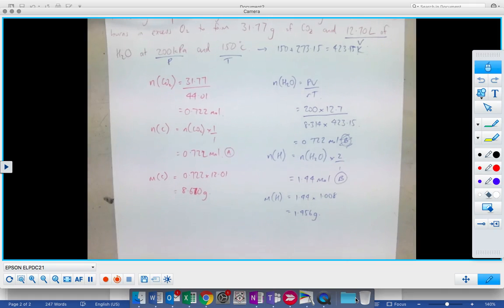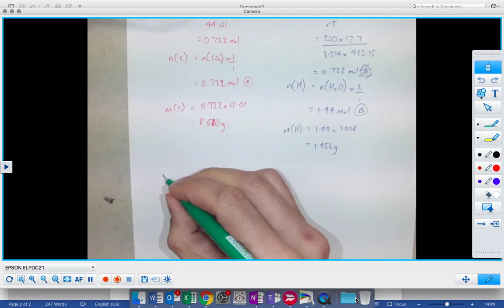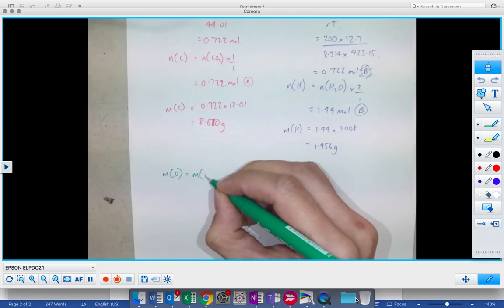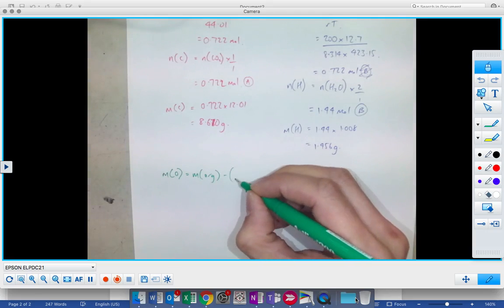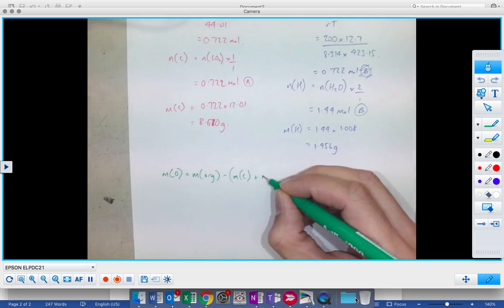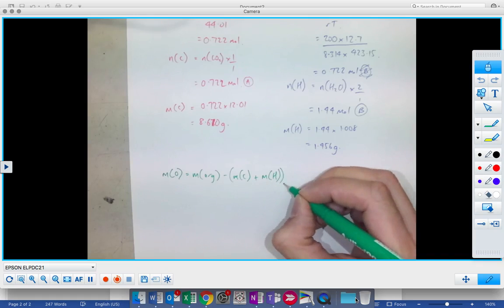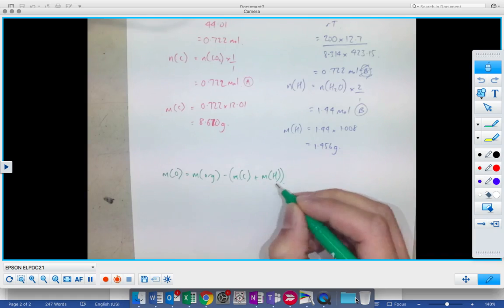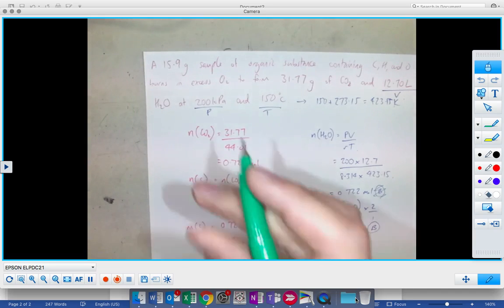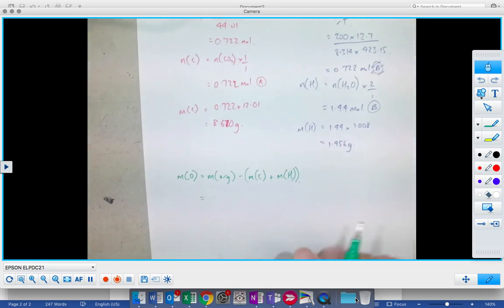Now I can work out the mass of oxygen, which will be equal to the mass of the organic substance, subtract the total mass of the carbon and the mass of the hydrogen. So what's the mass of the organic substance? 15.9 grams.